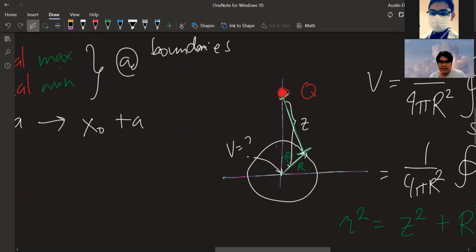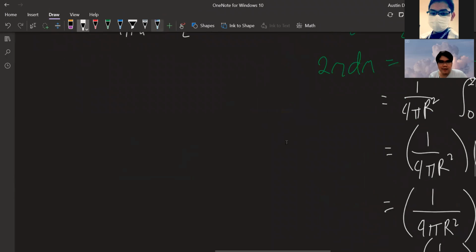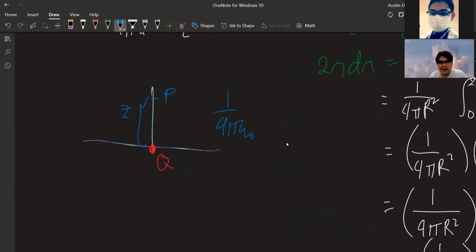Balik tayo sa problem. Diba similar lang? So yung potential dito will be the distance z. Bali, 1 over 4 pi epsilon naught, tapos yung Q over Z. Which is the same as actually having the problem of like this. Q. Tapos, hanapin mo yung potential here at P. Di ba? Tapos yung distance nito ay Z. Ang potential niyan will be 1 over 4 pi epsilon Q over Z. Okay?